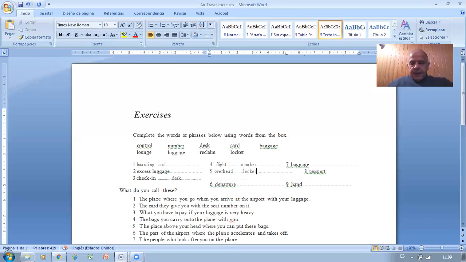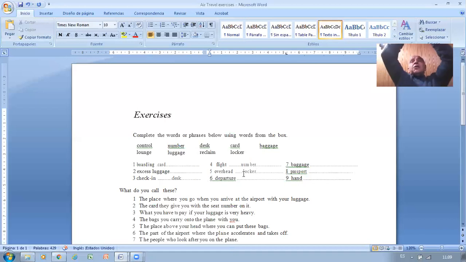Americans sometimes call it overhead compartment. Overhead means that it's over your head. So you open that and you put your carry-on or your hand luggage. Then in here you have departure.